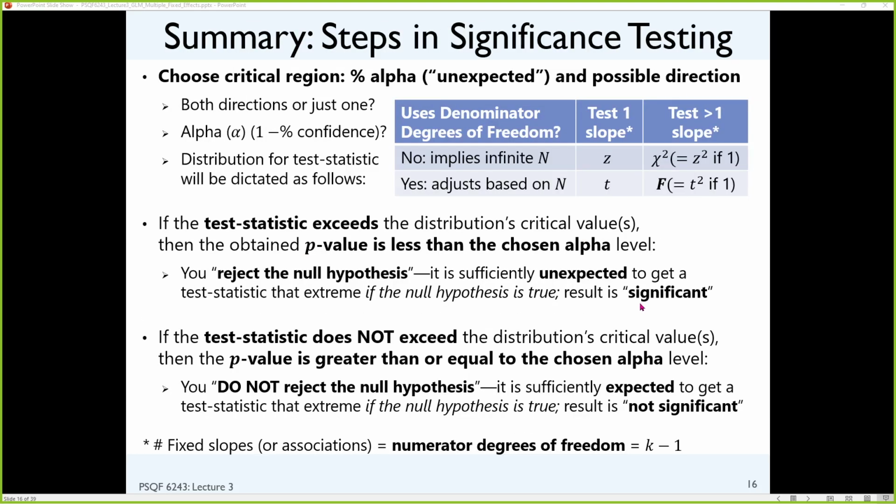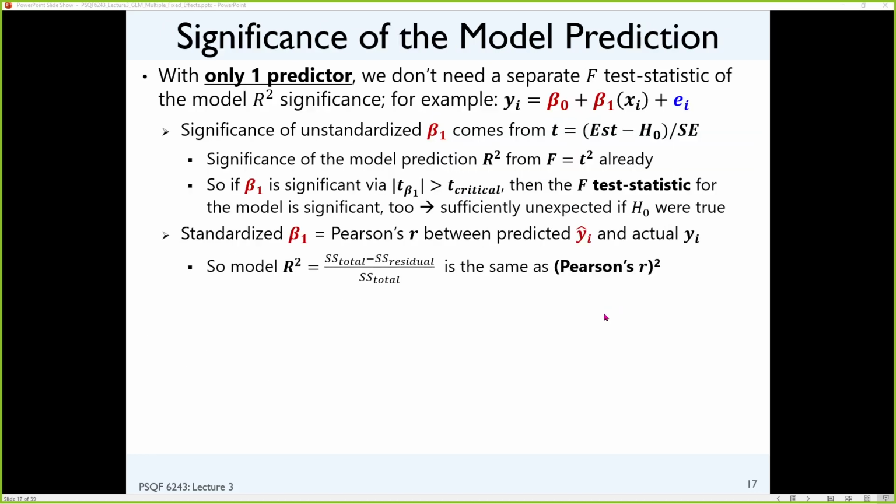Okay. So then the words that I said before, I had written down here. Why didn't we have to pay attention to this in homework 2? Because if you have only one slope, the test of that slope is the same as the test of the model. So one slope model that looks like this.